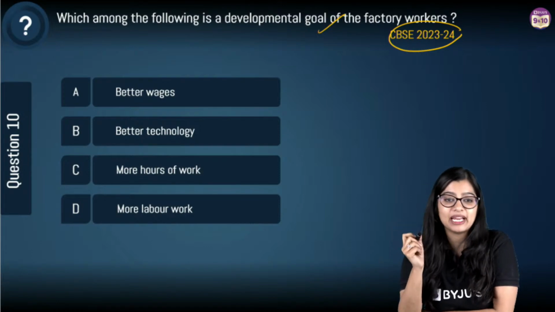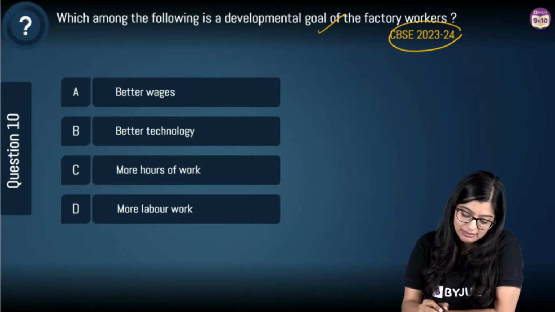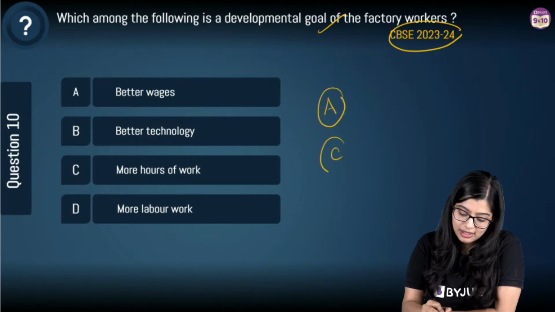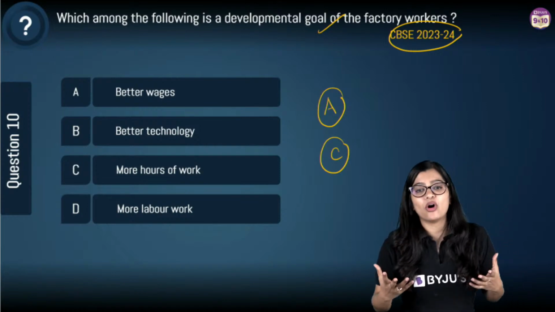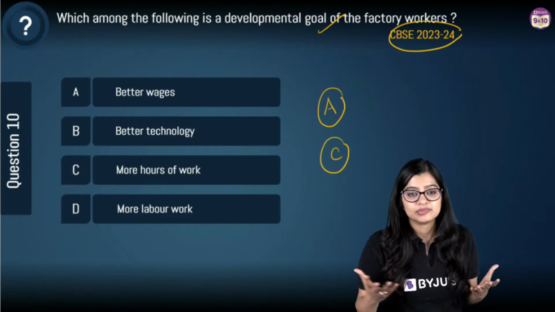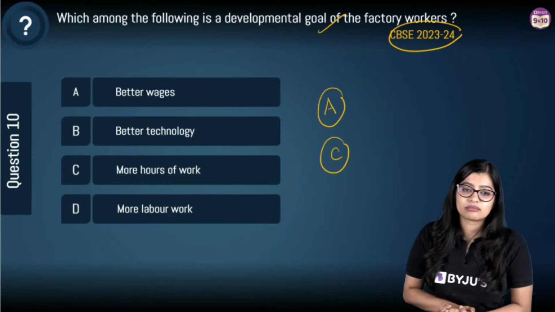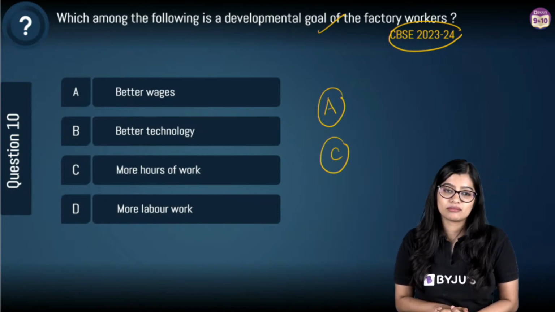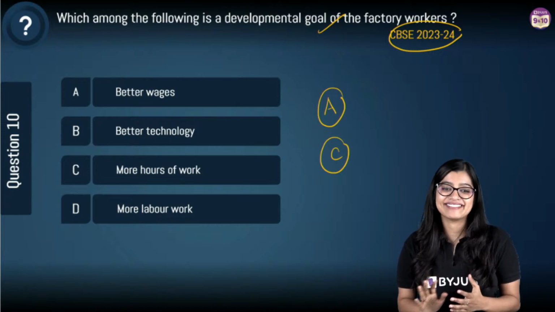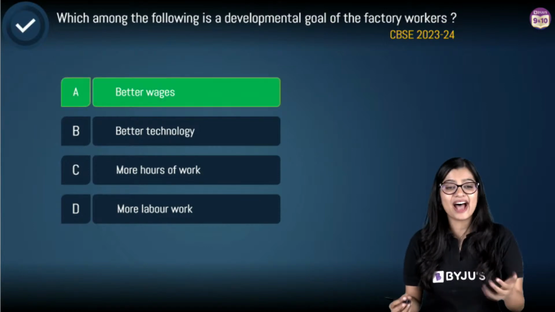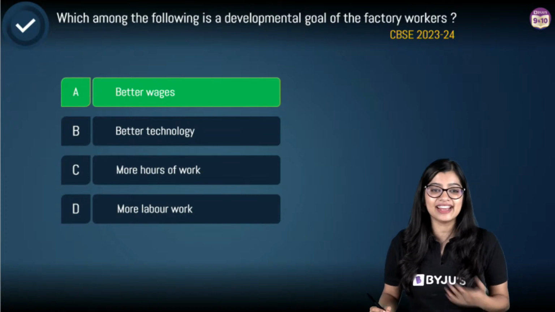You will get the PDF. I saw somebody saying C. If I am a factory worker, what is my goal? What should I do? Think about it. Good. The answer is better wages, right?